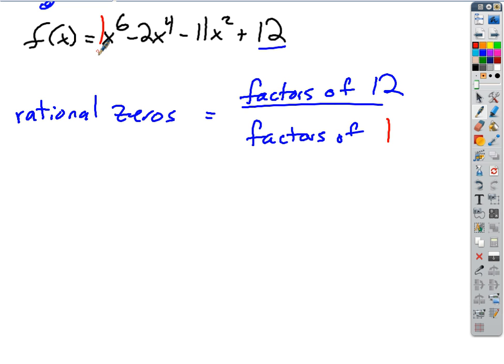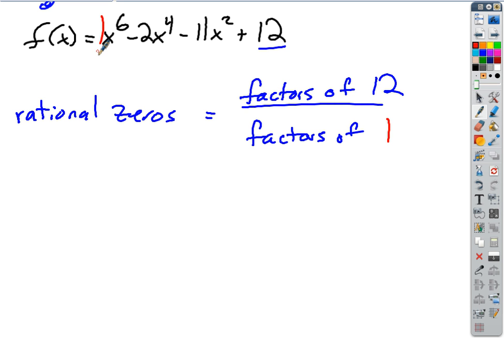The rational zeros are always going to be built from a numerator that is a factor of the constant and a denominator that's a factor of the leading coefficient. So in this case, the leading coefficient is 1, so I know I'm getting a 1 on the bottom. Okay, a plus or minus 1.